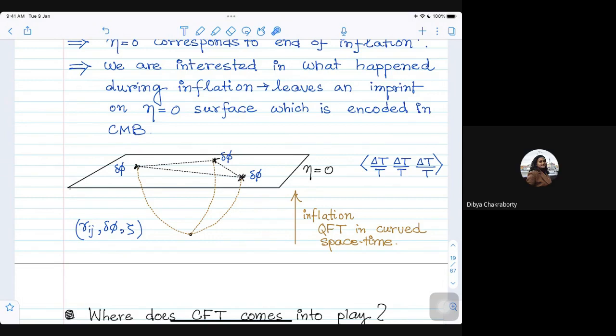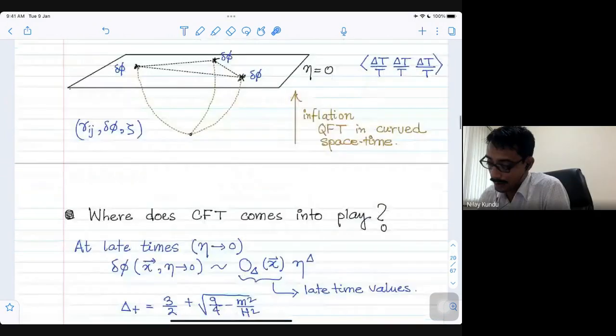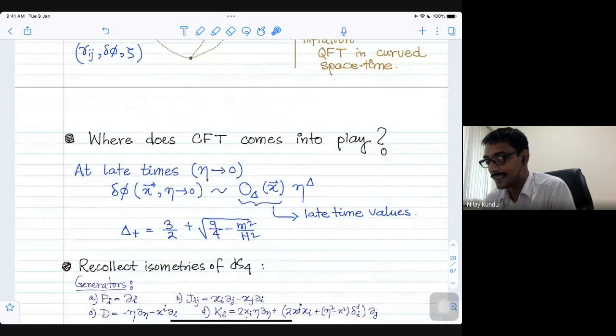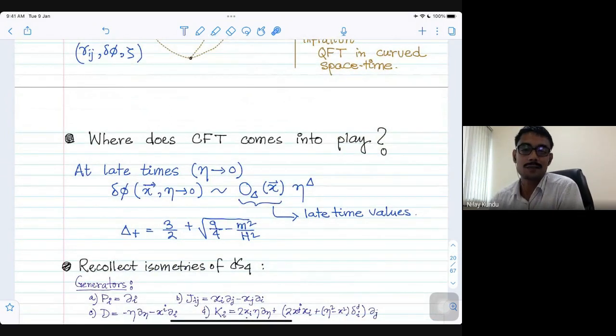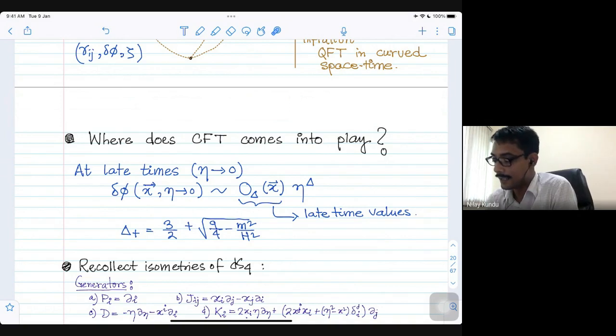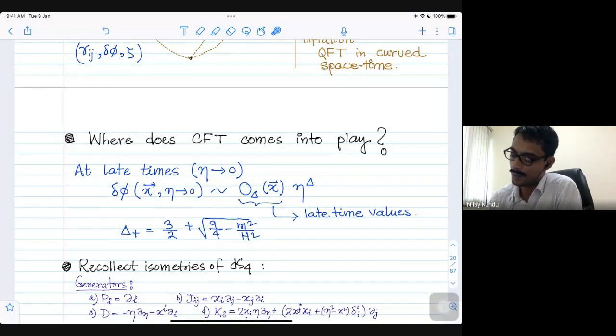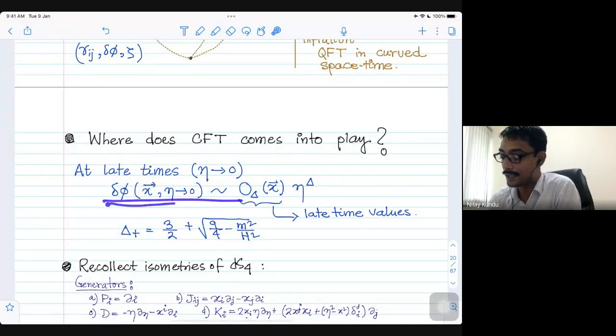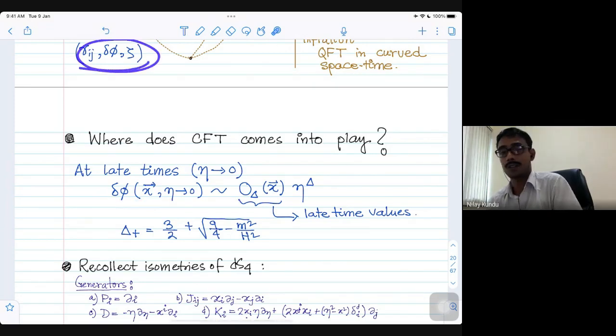Now comes the next part: where does the CFT come into play? What does conformal field theory have to do with all this story? So this was de Sitter physics. As I've told you, delta phi, gamma_ij, or zeta, whenever I write delta phi, it is a symbol to represent all three of them.